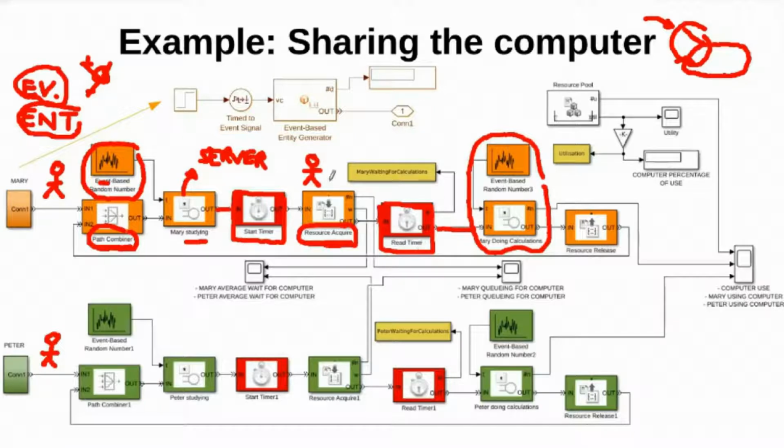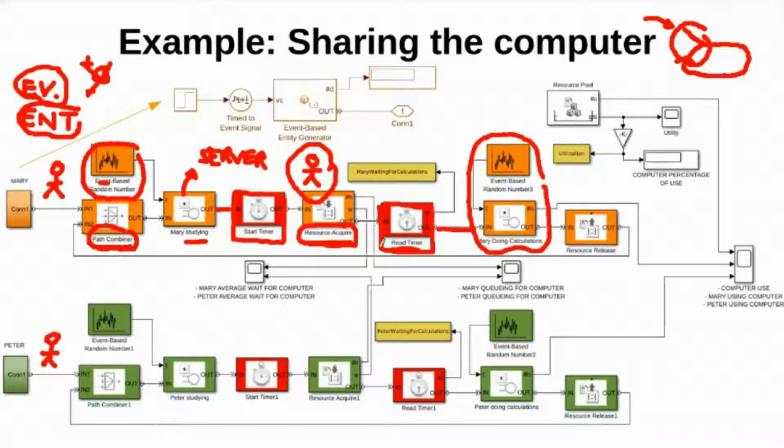But if Mary is waiting here for the computer to be idle, then the time will be running and running until the computer is idle, and then Mary will get out of this queue, and then we will stop the timer and read the timer. So the time will not be 0.